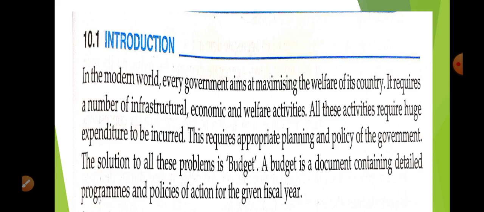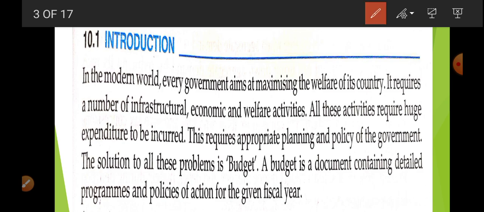What is written in the book: in the modern world every government aims at maximizing the social welfare of its country. For this it requires infrastructure, economic and welfare activities.